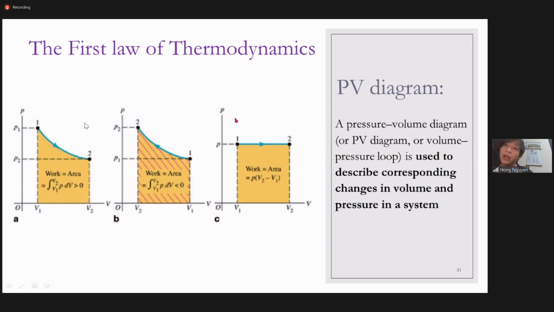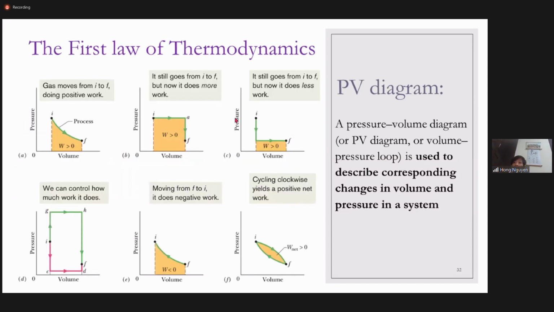And the area under the curve is the work done by the gas. Okay, this is the way how to read a PV diagram. So here, once you understand, we can move further.